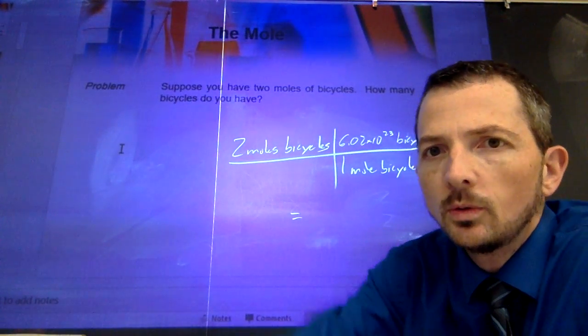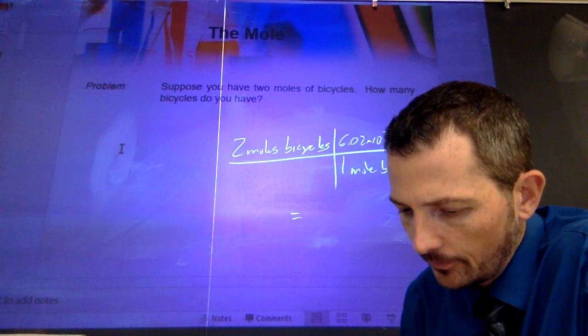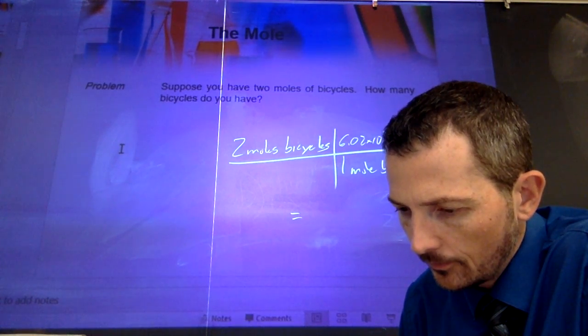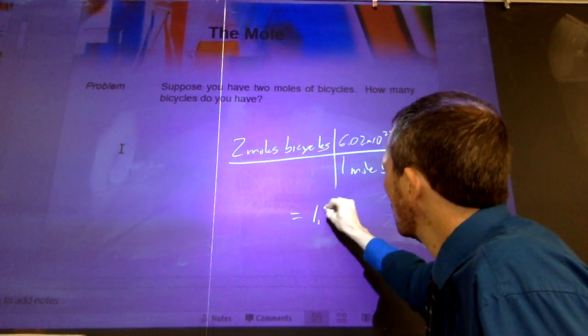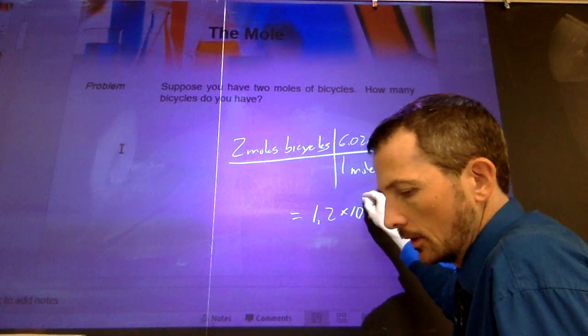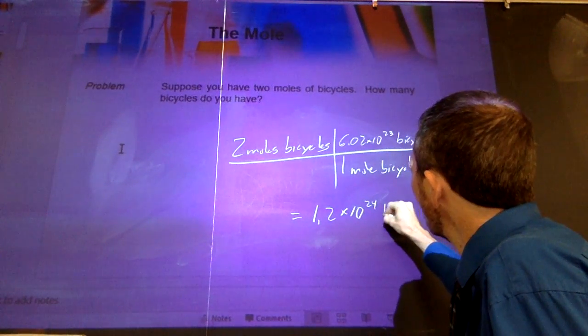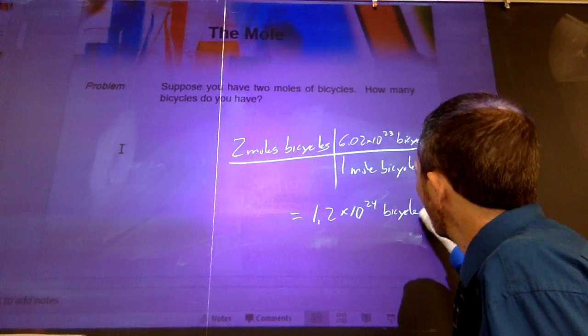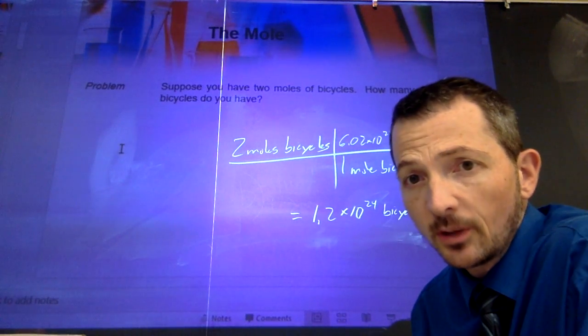So I just take 2 times Avogadro's number, so I get 1.2 times 10 to the 24th bicycles.